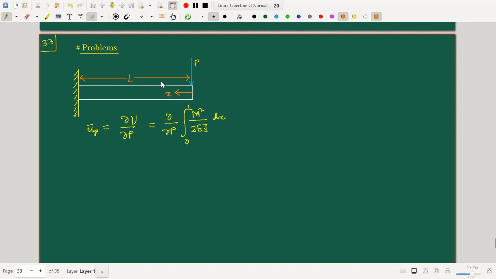Now what we are going to do is make a cut like this and consider that portion of the beam, where of course this P is again acting downward.